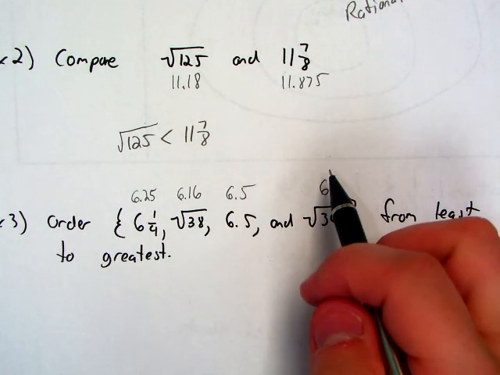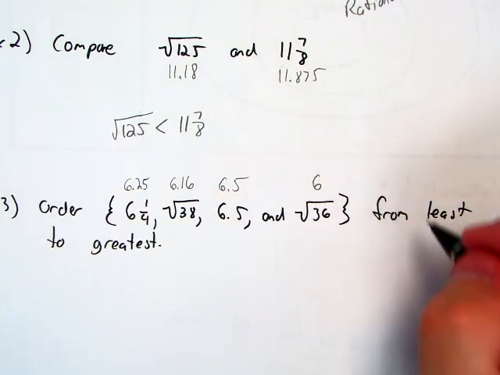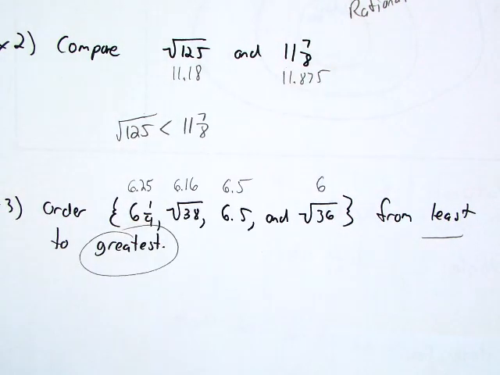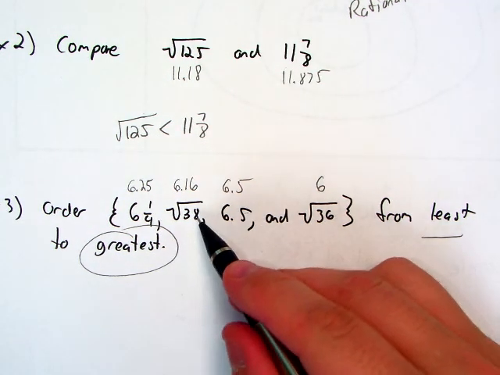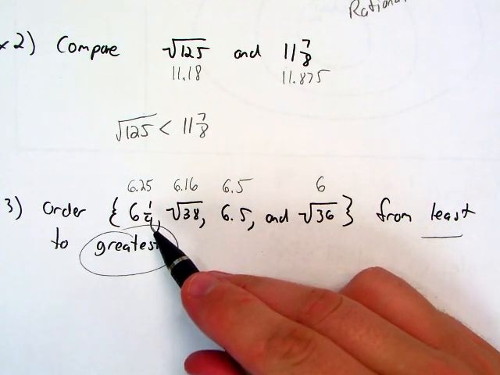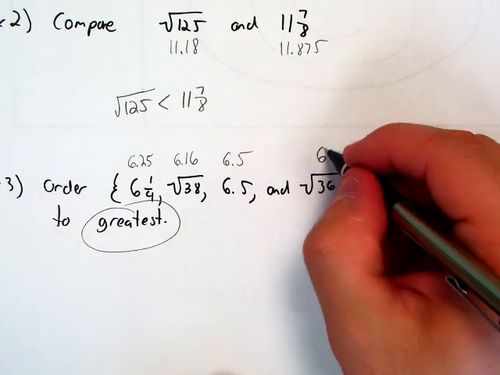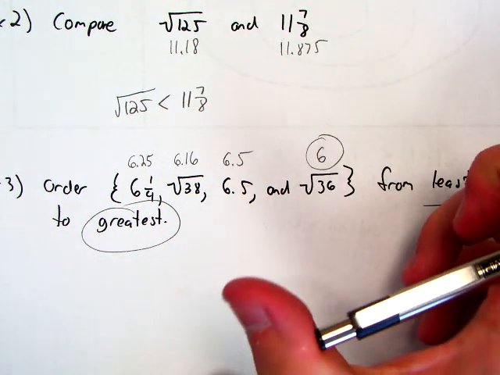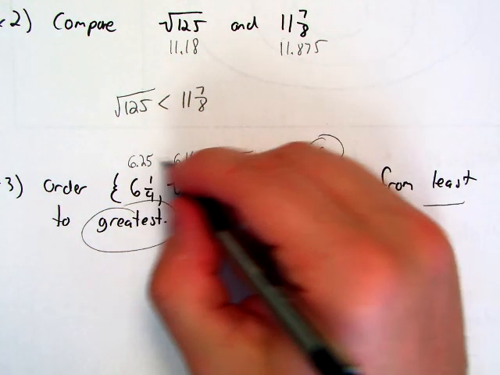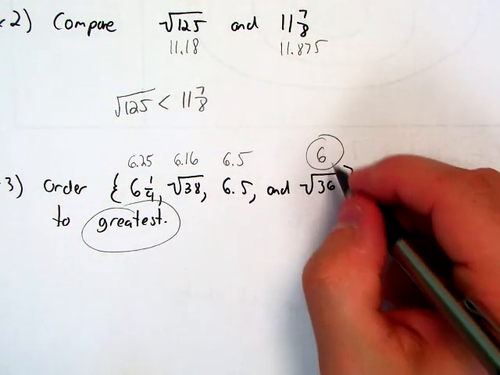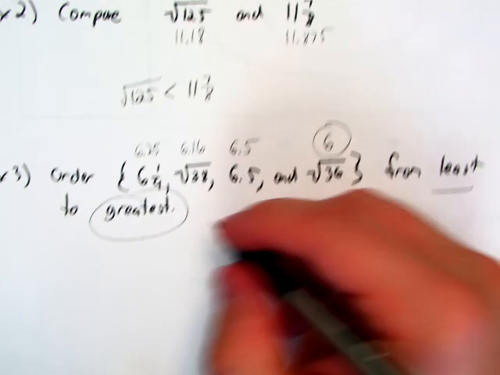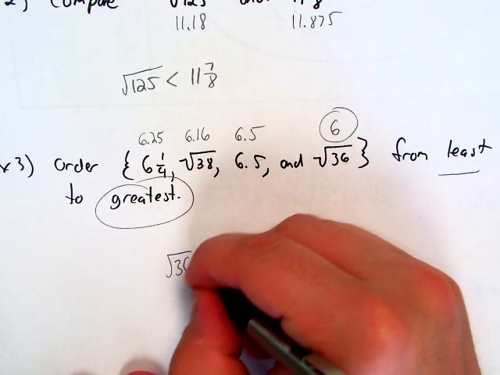So now we have our 4 decimal values. We want to order them from least to greatest. And again, just like in example 2, we want these numbers to be in the original format that they were given. So the first number we would write down is this value here, because 6 is the least of these 4 values. The original format of that number was the square root of 36, so we're going to write down the square root of 36.